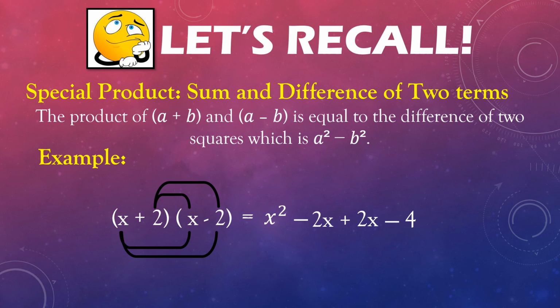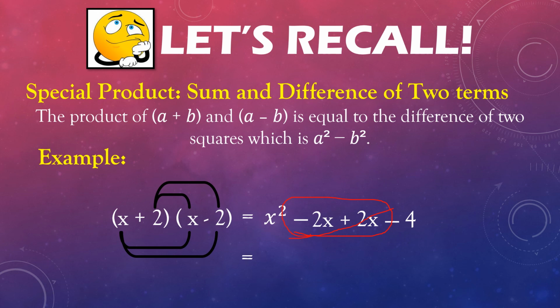If we are going to simplify, you add similar terms. The similar terms here are the following: negative 2x and another 2x. Negative 2x plus 2x is equal to 0, so we do not need to write it down in the simplest form.